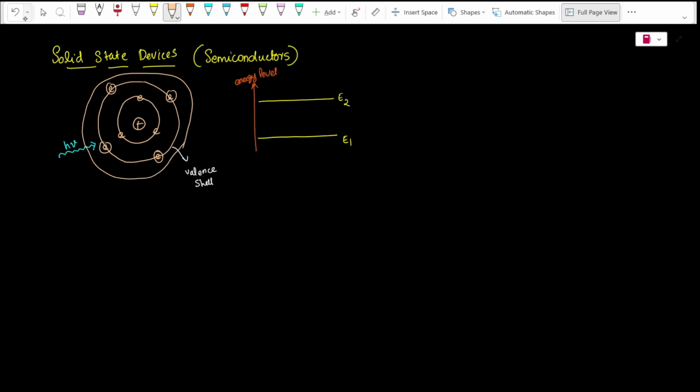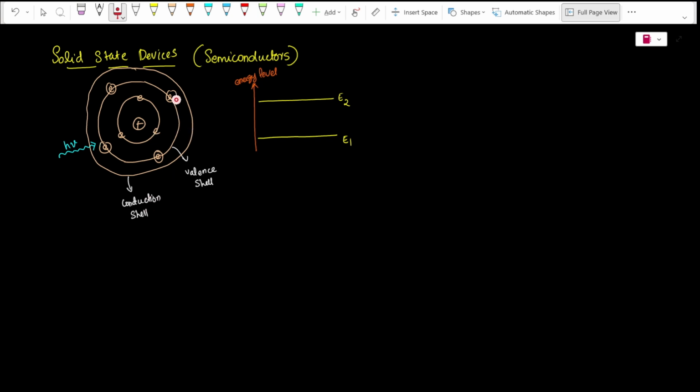Let me draw that a little more neatly. The outermost but unoccupied shell here is called the conduction shell. As you can see, the valence shell is completely occupied while the conduction shell is empty. So this is, in very simple terms, about a valence and a conduction shell.